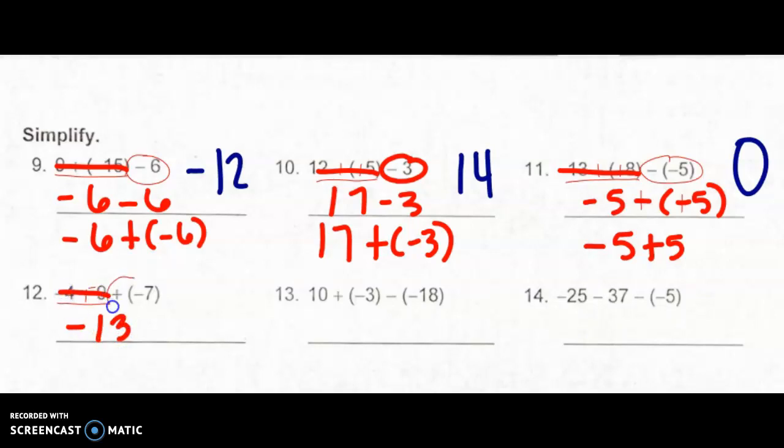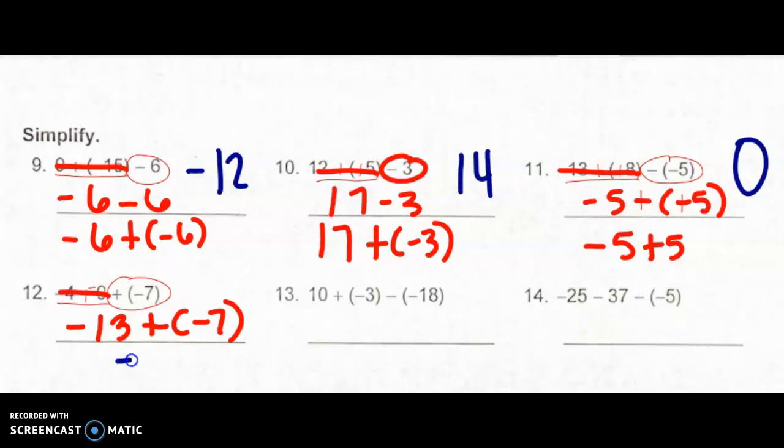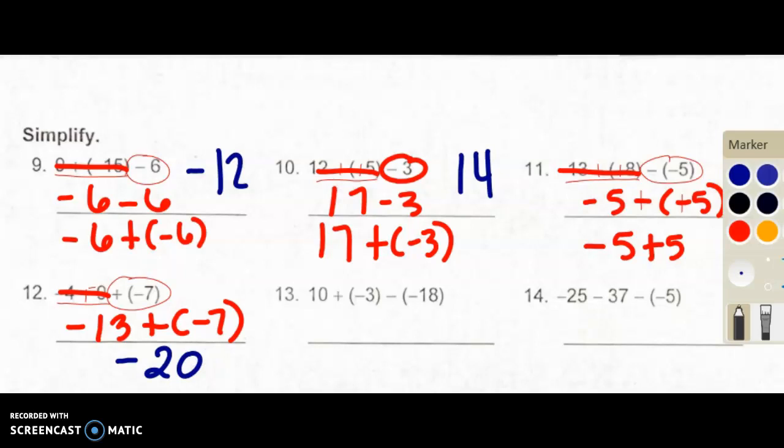Bring everything else down. So now I have negative 13 plus negative 7. My signs are the same, so I'm going to add, and my answer is negative 20. They're both negative, so my answer is negative.